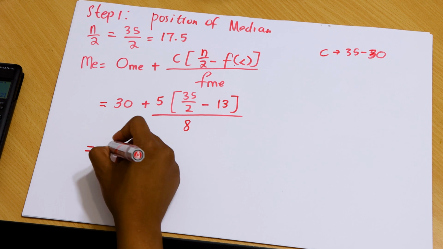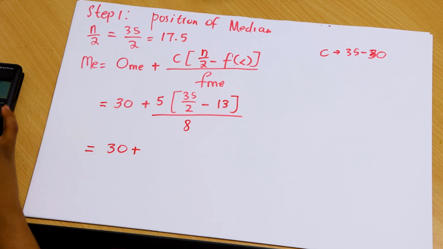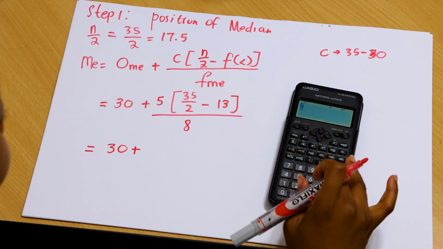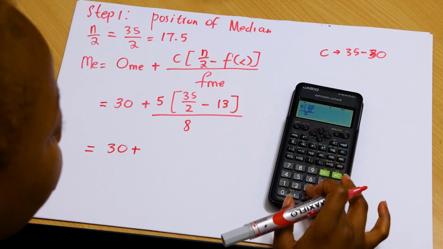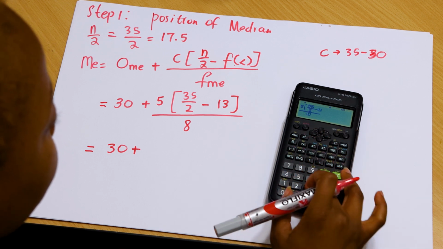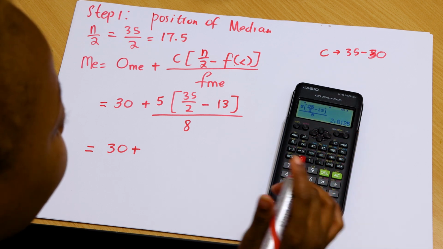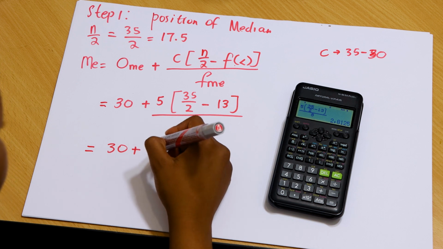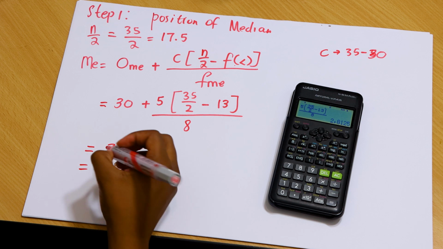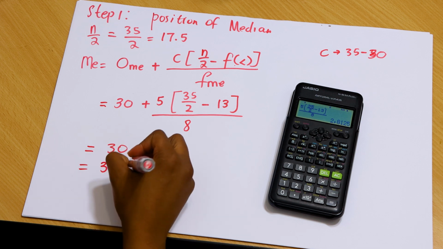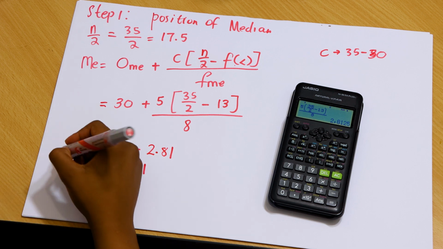Right, so that would give us 30 plus 5 multiplied by 35 over 2 minus 13, divided by 8, and that is 2.81, which would therefore be 32.81. Then it means that is our final answer, that is the median.